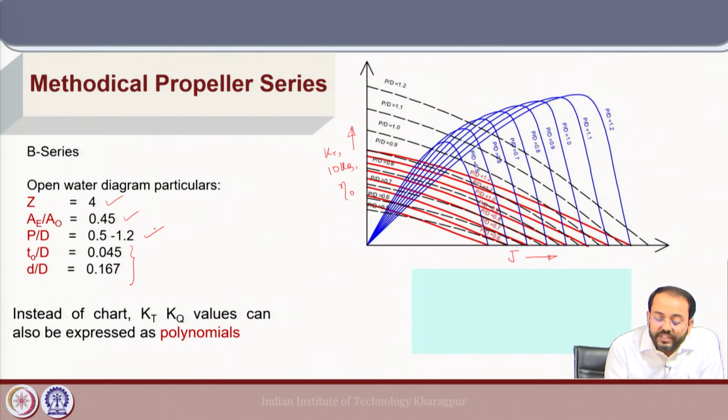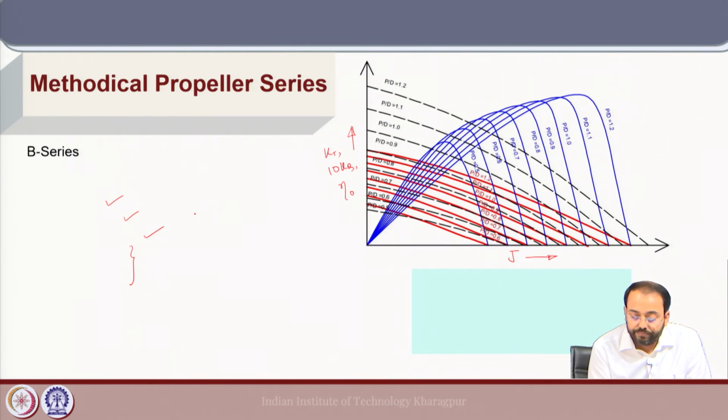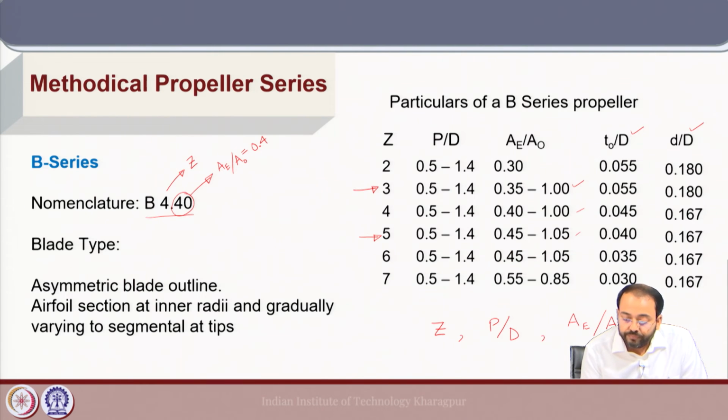So, now if we take another value of AE by A0, if we go back, let us say we take a value of 0.5 which is between these values.